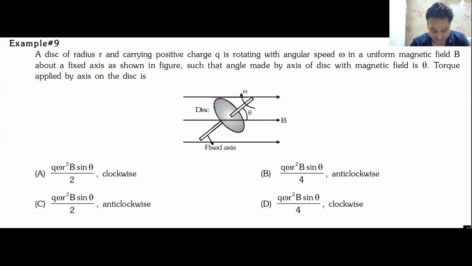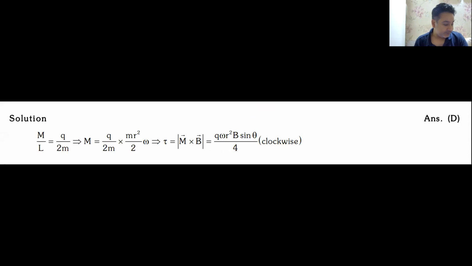Well, again, you must remember what I told you. The problems are simple. The only thing is you just have to think and have confidence that you know how to do it. Remember, I told you about this formula. M by L is Q by 2m. From here, you can find out the magnetic moment of this disk, which is rotating with a constant angular velocity omega. How do I find the magnetic moment?